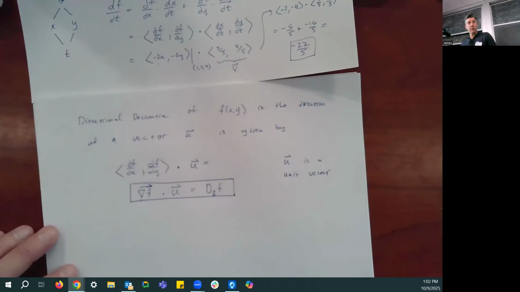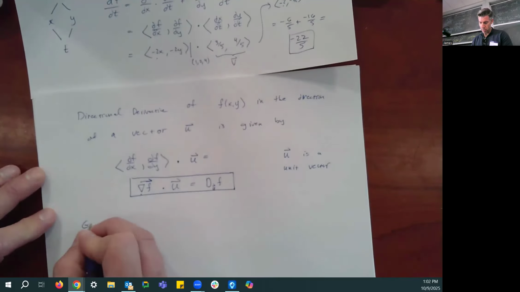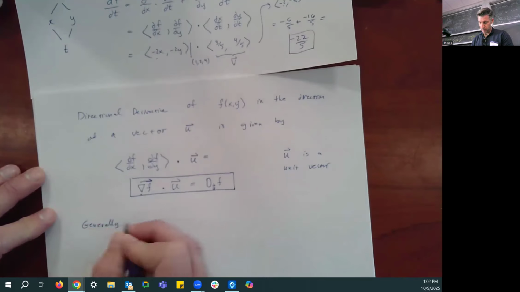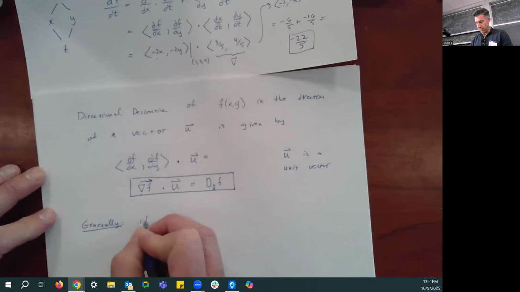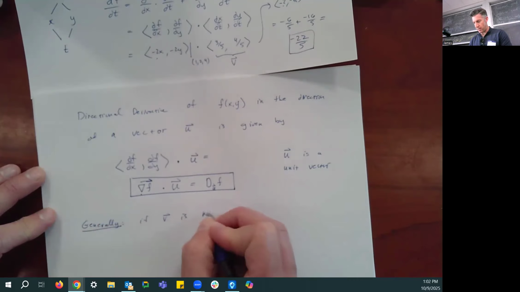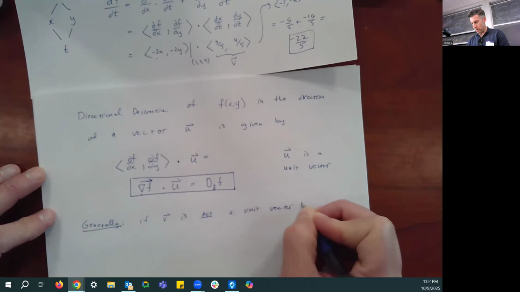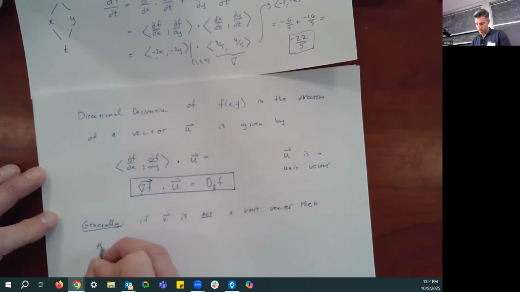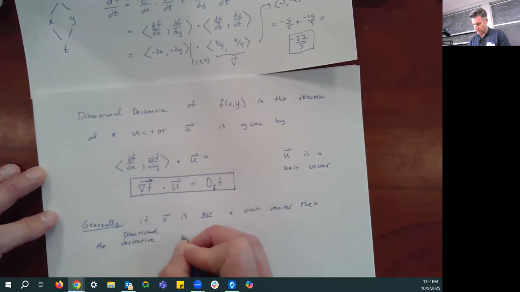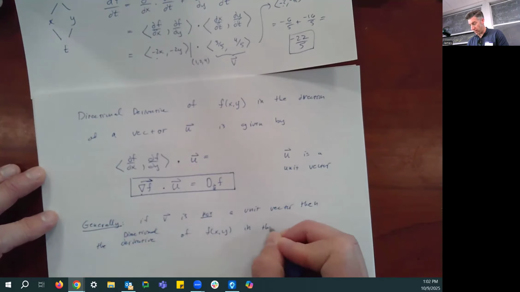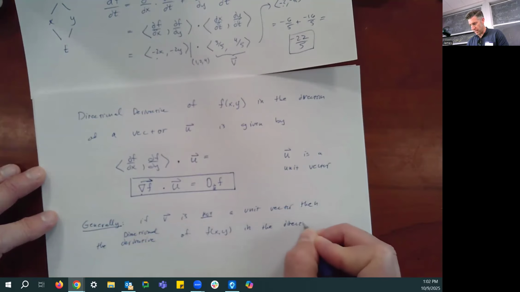More generally, if v is not a unit vector, then the directional derivative of your function f of x y in the direction of the vector v is easy to calculate.